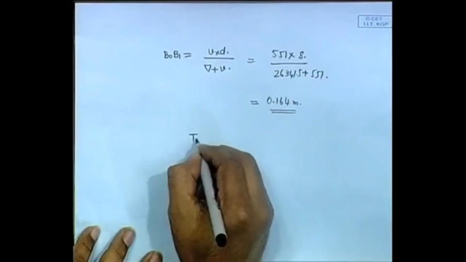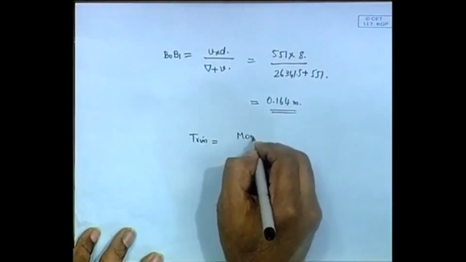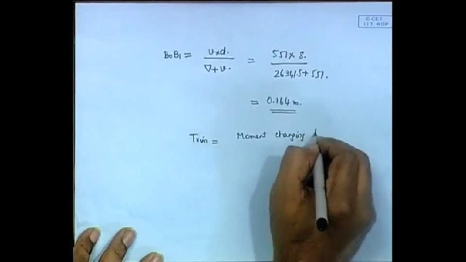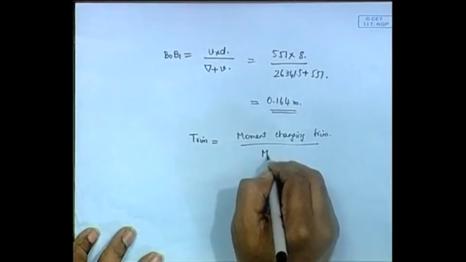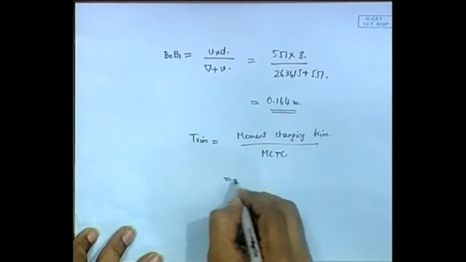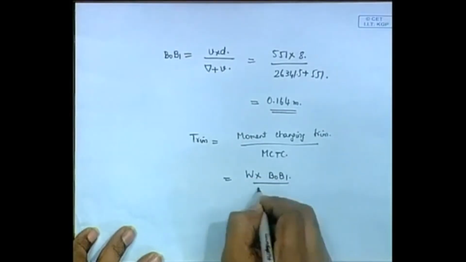And then next is trim is equal to moment changing trim divided by MCTC. Okay, it is the moment changing trim by MCTC. The moment changing trim is equal to W into B0 B1 divided by MCTC.